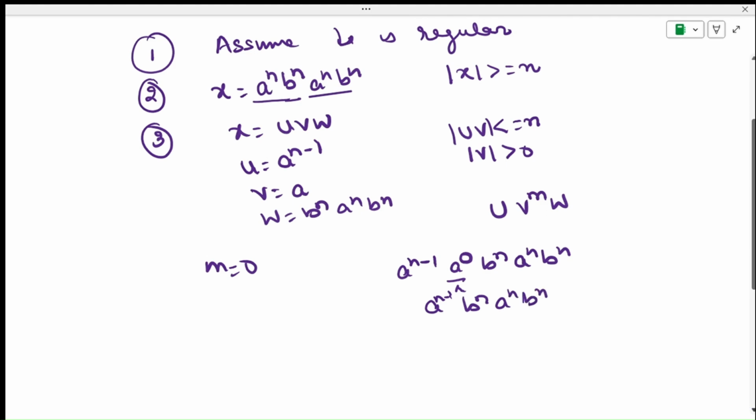You clearly see the resulting string is not in the language. It is not ww. These two parts are clearly different. So this is not in the language L, and hence we have got a contradiction. Therefore, L is non-regular.